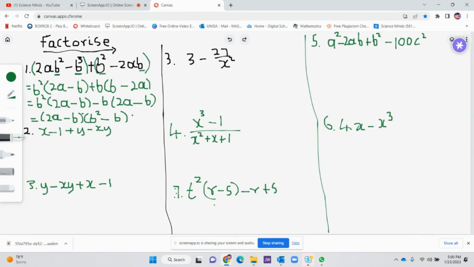So then this will be equals to 2a minus b, bracket b squared minus ab. We take out a b as a common factor out of there. Then we're going to be left with b squared divided by b, it's going to be b, minus ab divided by b.